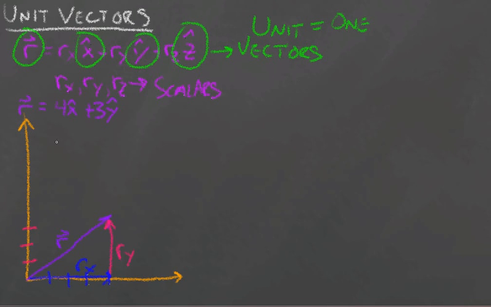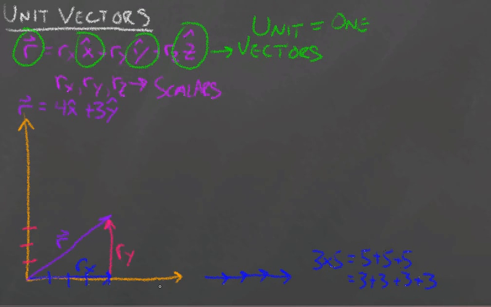So a unit vector is exactly just that. It's a vector that has length 1, which means one way that we can look at 4x hat is just x hat plus x hat plus x hat plus x hat. You remember from when you were learning how to multiply, you would say something like 3 times 5 is equal to 5 plus 5 plus 5, which is the same thing as 3 plus 3 plus 3 plus 3.